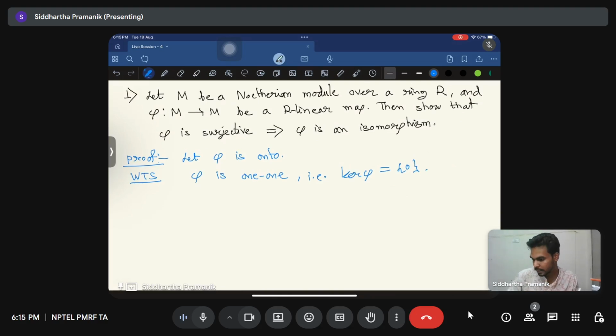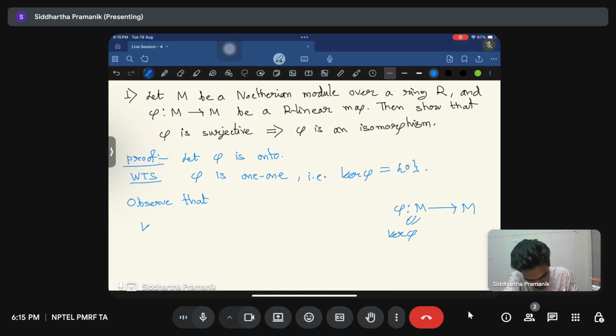Now how to show that this kernel is a zero submodule? Using the Noetherianness of the module. So observe that phi is a map from M to itself. Now kernel is a submodule of M, and observe that kernel of phi is also a submodule of kernel of phi square.